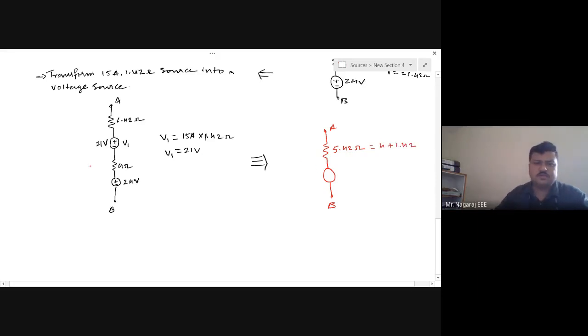And the voltage sources 21 volts and 24 volts, see, both are in the same direction. Both sources have positive upward and negative downward. Therefore both voltage values will add up, and this will give us a total voltage of 45 volts.